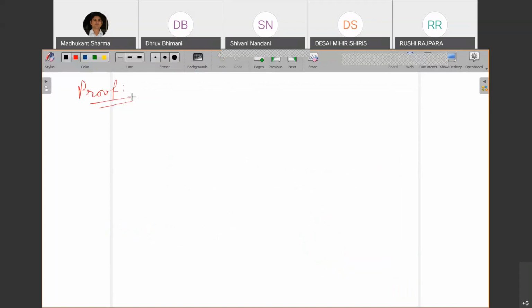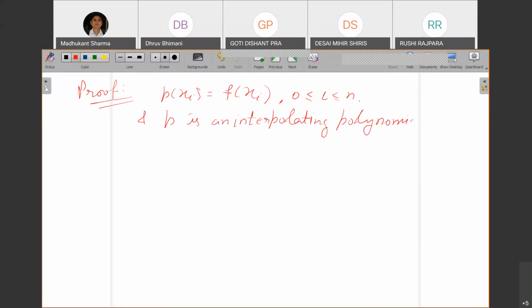So p of xi is equal to f of xi, for 0 less than or equal to i less than or equal to n.